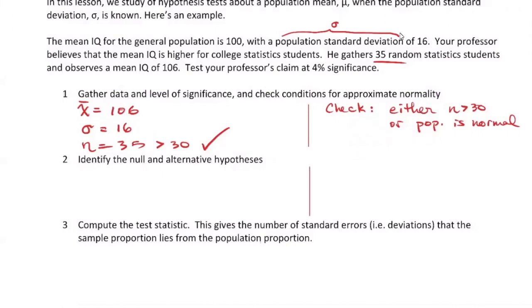Now you have hypotheses. The null hypothesis is similar to before. It's probably easier to do the alternative hypothesis first. The only difference here is that you're testing a claim about a mean. Before it was about a proportion. So we said P equals 50% or P equals 20% on the two examples. Those are percentages, which are the same as proportions. Okay? This is means, and a population mean is mu. So you can say that mu is less than some number.